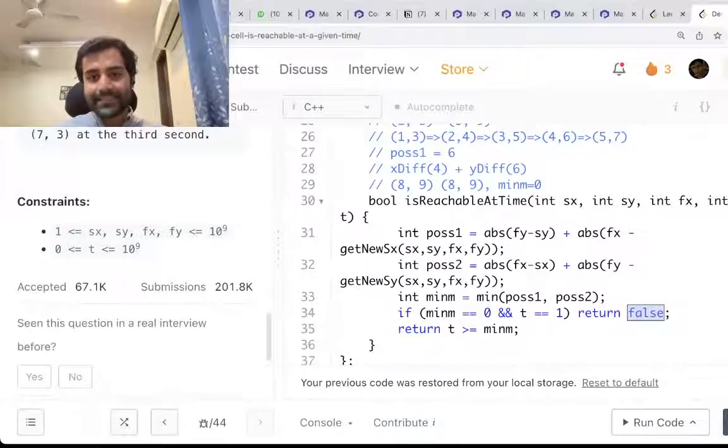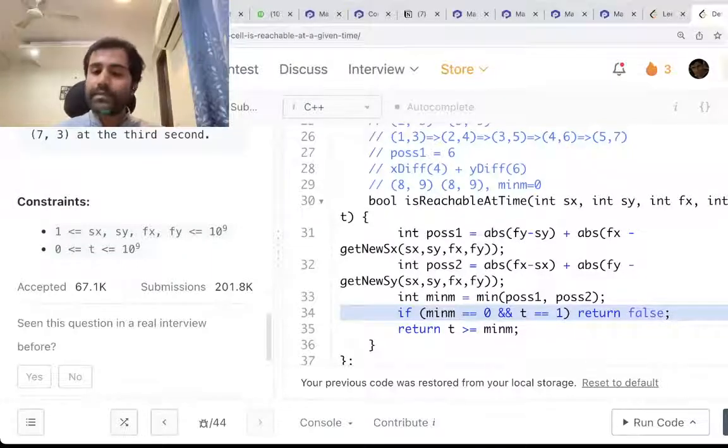The answer is yes. It is absolutely sensible to return false, because if the value of t is 1, no matter where you go, whether you go top, down, left, right, or diagonally, you have already spent 1 unit of time. You have already spent 1 second. So now there is no time which is left. So this was one major edge case in this problem.